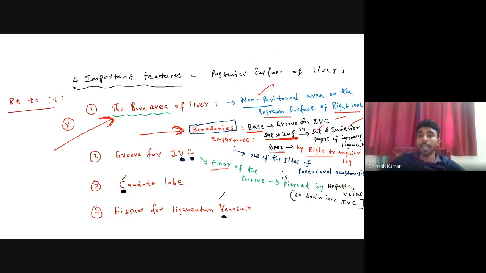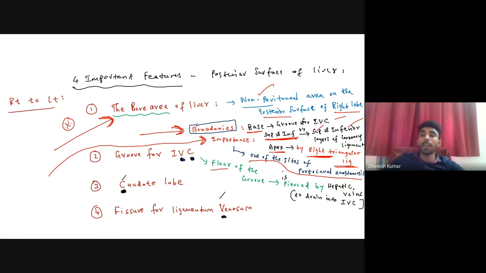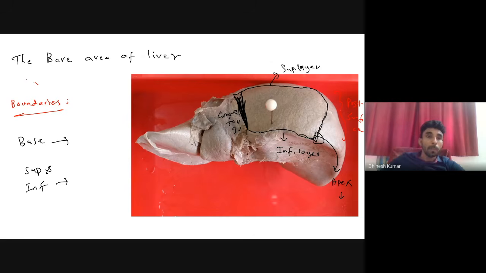Apex is formed by the right triangular ligament. Another possible sub-question is, what is the importance of the bare area of the liver? It is one of the sites of portocaval anastomosis.